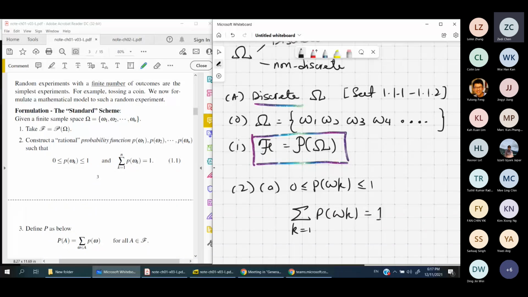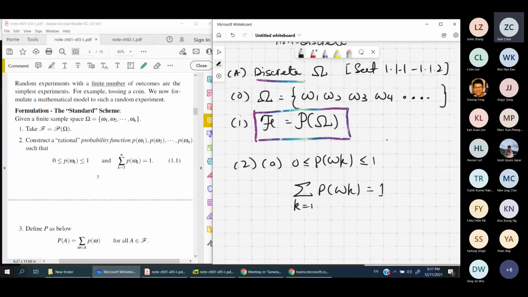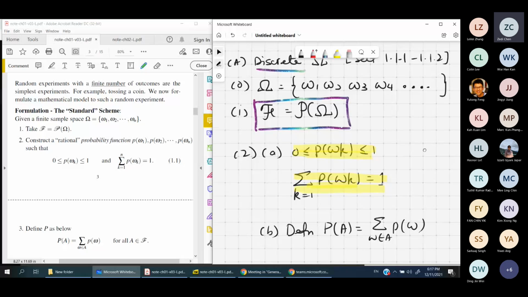Once we have verified this, we can define P of A to be the sum, over all omega in A, of P of omega. The most important ones are these two, so make sure you verify it satisfies this. If these two are satisfied, this must be a probability measure.